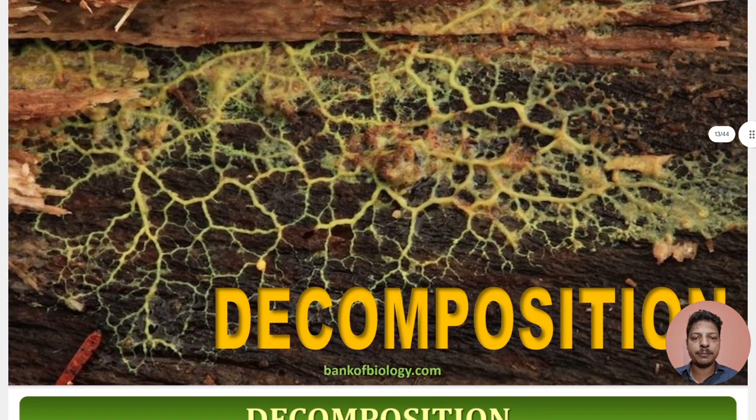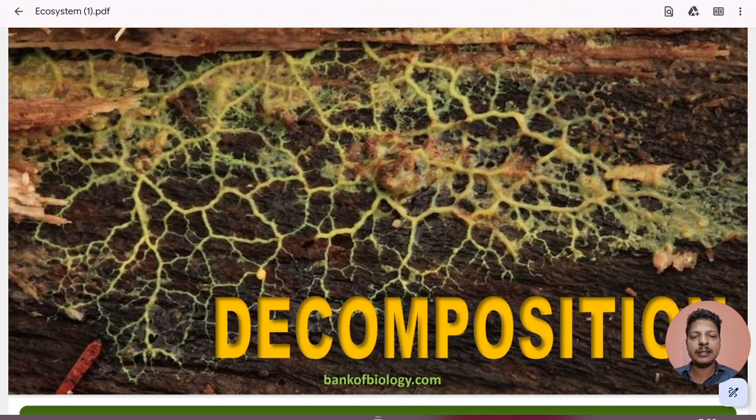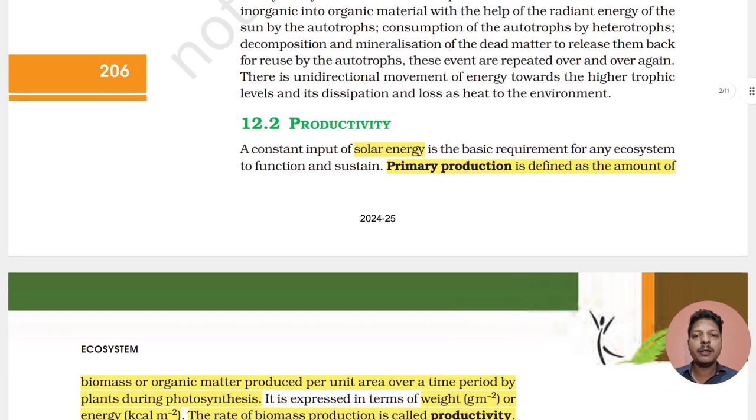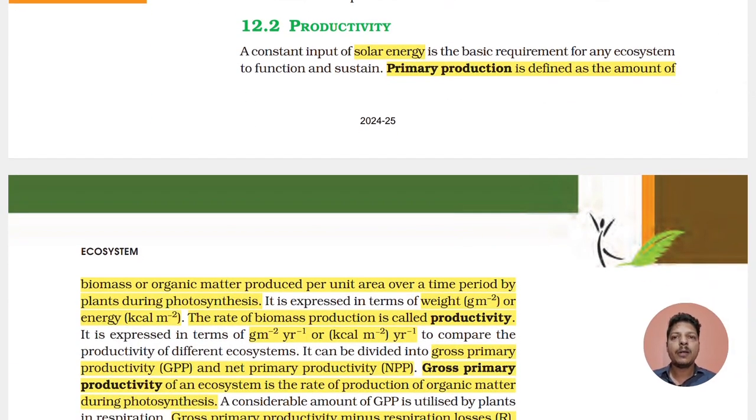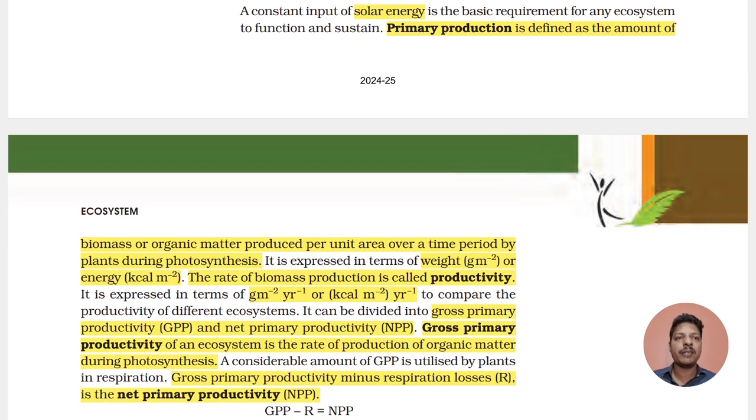Then coming to decomposition. Before starting this, let's see what the NCERT says about productivity. A constant input of solar energy is the basic requirement for any ecosystem to function and sustain. Here again the same points are given. Primary production is defined as the amount of biomass or organic matter produced per unit area over a time period by plants during photosynthesis.